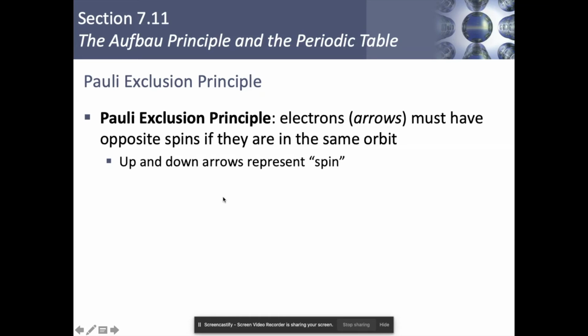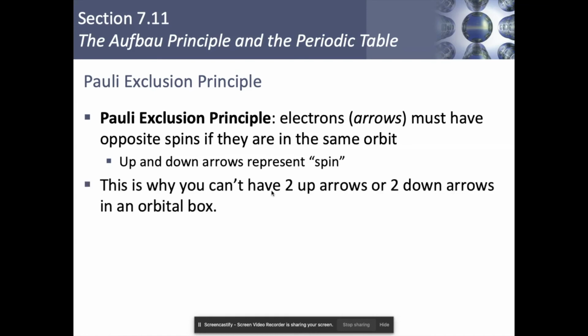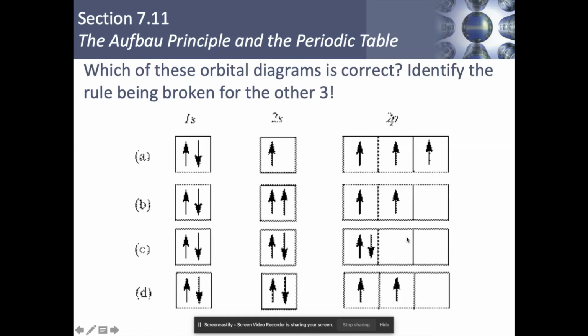Up arrows and down arrows represent different spins. You can think about it like an electron spinning clockwise and an electron spinning counterclockwise. You can't have 2 clockwise spinning electrons in the same orbital. So the Pauli exclusion principle just states that you can't have 2 up arrows or 2 down arrows in a box, and this is the reason why.